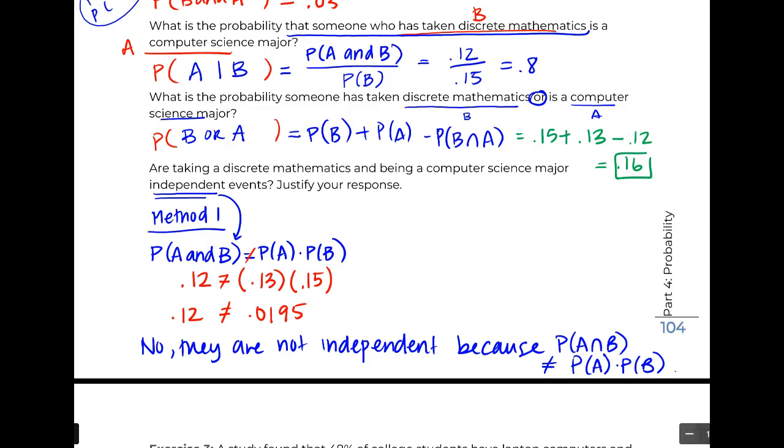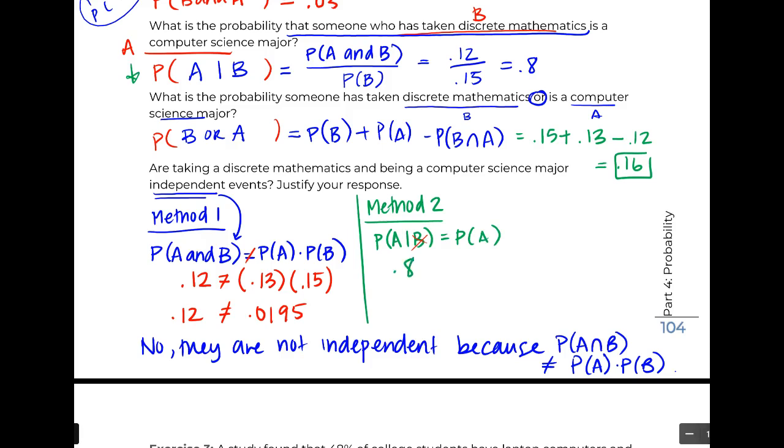Method two, I like because it gives us a little more information, but it's a little bit trickier for students, I find. Method two is the fact that we know our conditional, having that additional information doesn't give us any more information. So we already found a conditional. If knowing B gives us no more information about A, if they're independent, then this should just equal the probability of A. Which we know both of these things, right?